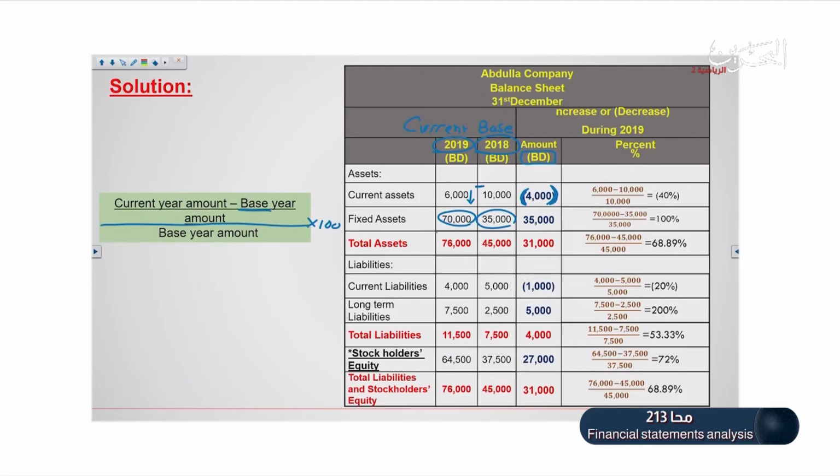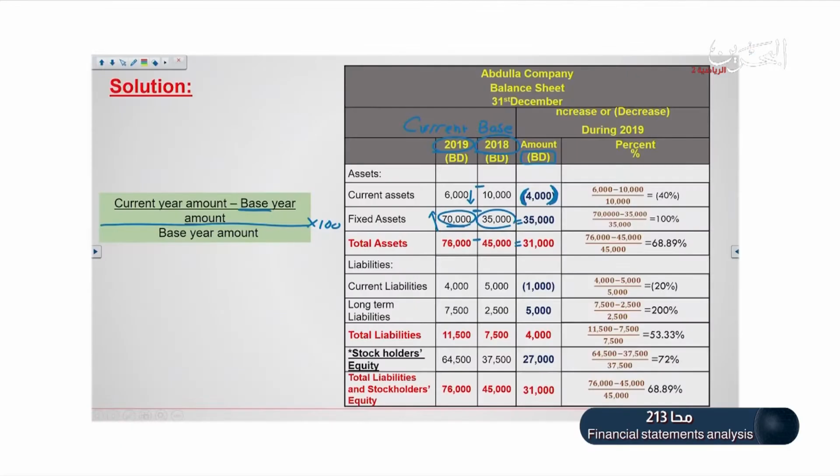So in the current year, it's increased. So 70,000 minus 35,000, we get 35,000. Okay, let's see the total assets. 76,000 for the current year and 45,000 for the base year. We can compute it: 76,000 minus 45,000 will give us 31,000.